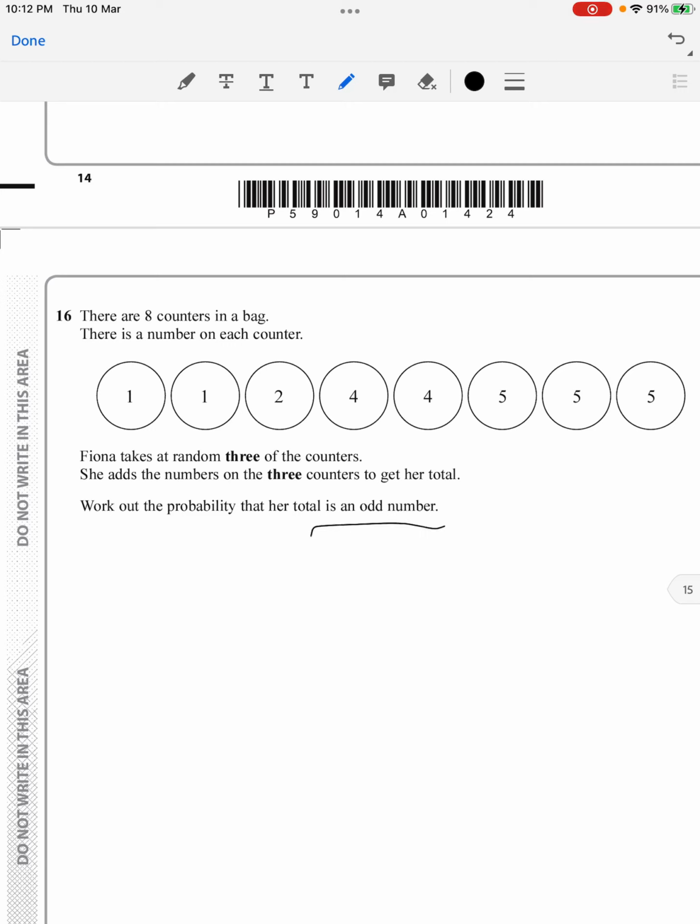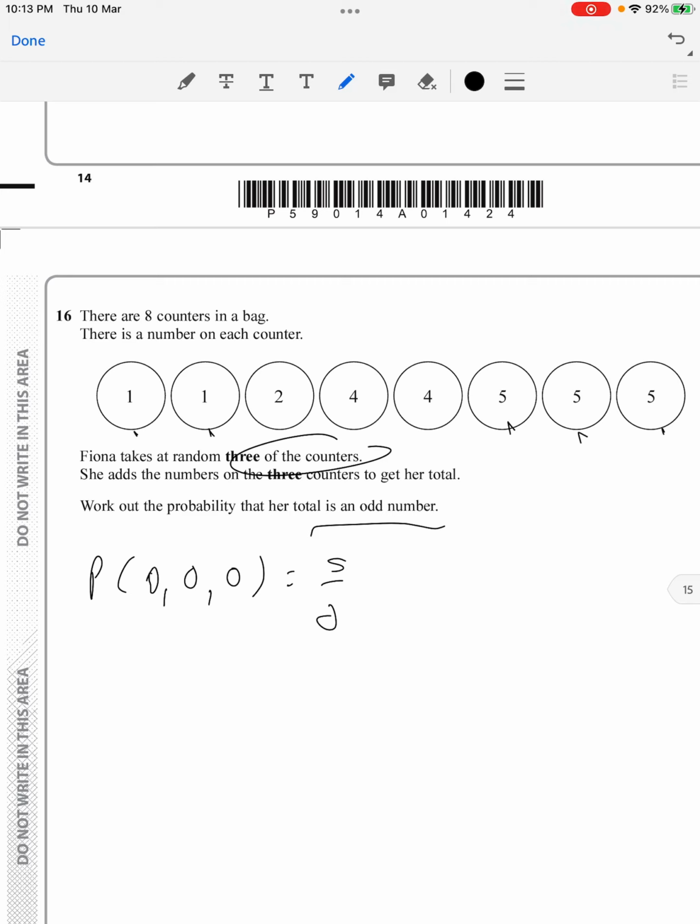So you have to look at the 4 possible combinations and the total of 3 possible odd combinations. So the probability of getting an odd, and odd, right? The chance of getting an odd on each counter starts with 5 out of 8, because as you can see, there's 1, 2, 3, 4, 5.